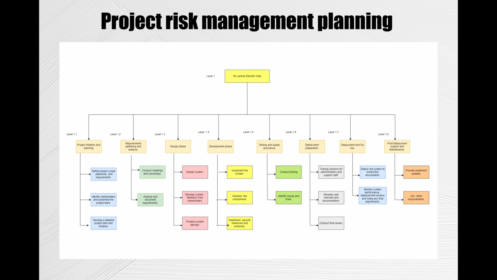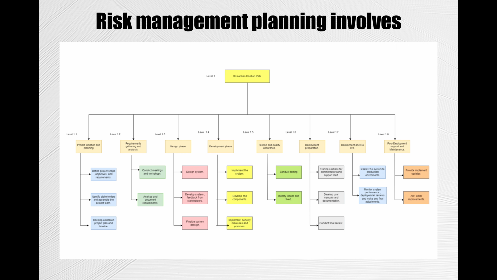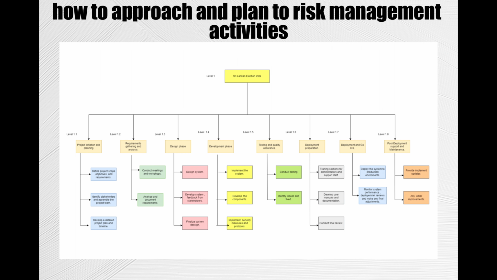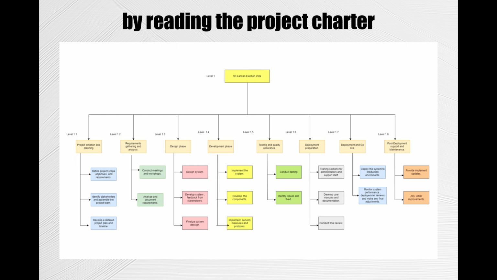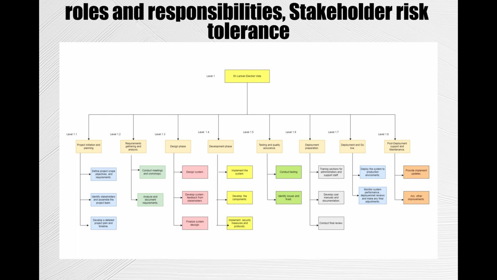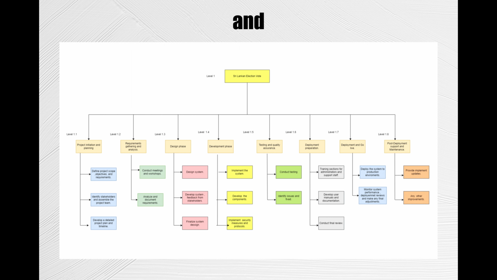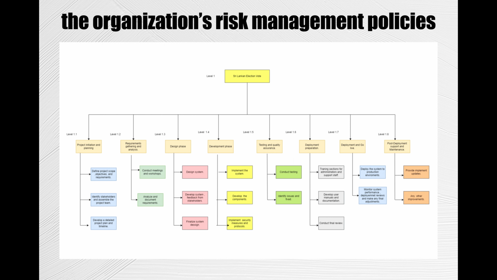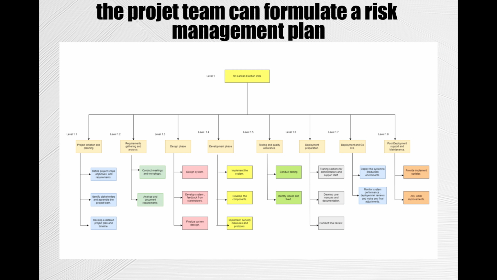Project risk management planning involves deciding how to approach and plan risk management activities for the project by reviewing the project charter, work breakdown structure, roles and responsibilities, stakeholder risk tolerance, and the organization's risk management policies. The project team can then formulate a risk management plan.